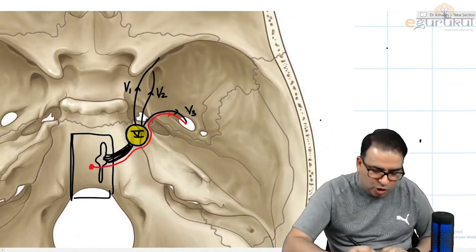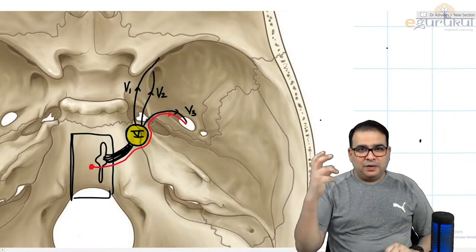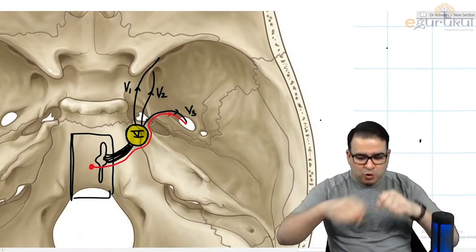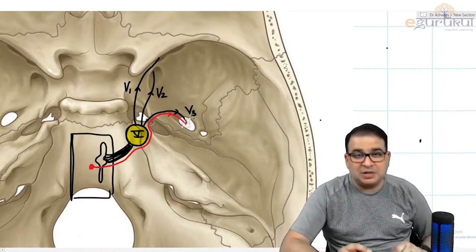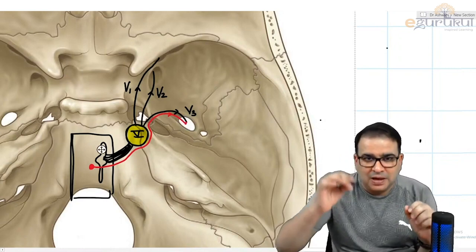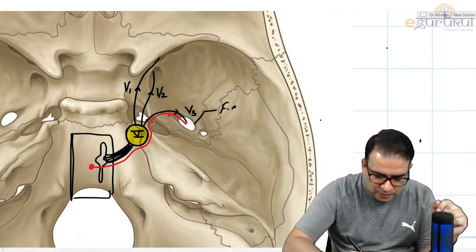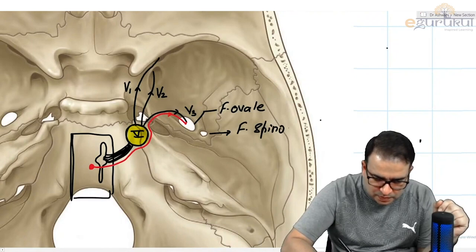That is the motor component. The red one here is a motor part, and black one here is a sensory part. We said trigeminal nerve with two parts, एक sensory part and motor part. They both will go and join close to this foramen or at the level of this foramen. Beta, that foramen is called as foramen ovale. Look at the shape. It's an oval shaped foramen. So this foramen is called as what? Foramen ovale. And the foramen which is present behind it is called as foramen spinosum.